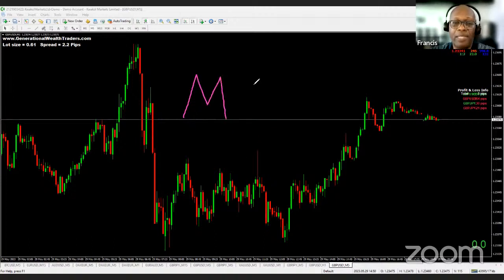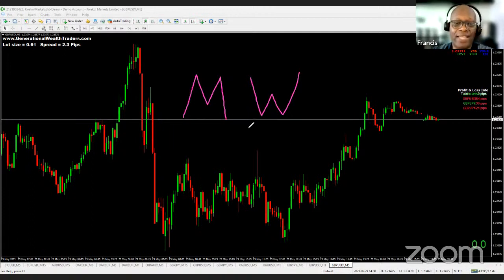That's an M. And that's a W. Now, what I'm going to be looking at today is how you can, by looking at your chart, train your eyes to be able to spot M's and W's on the chart so that you are able to trade them.